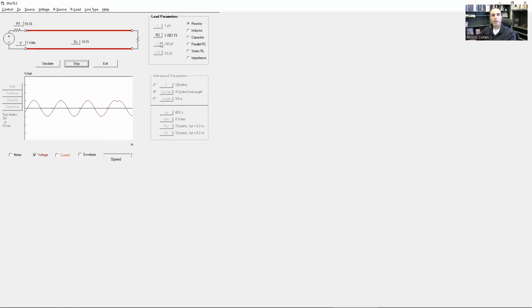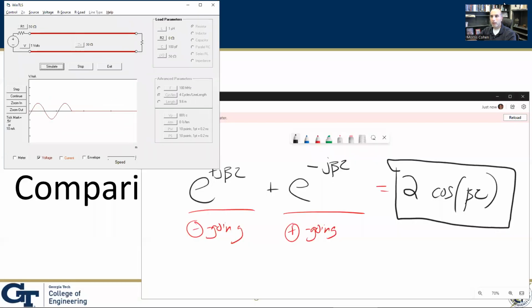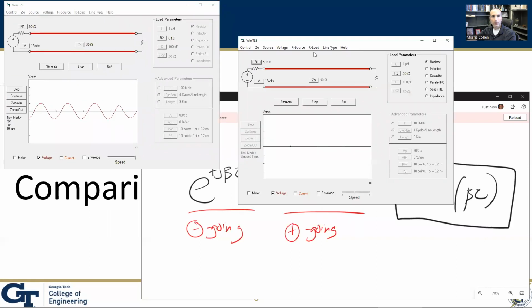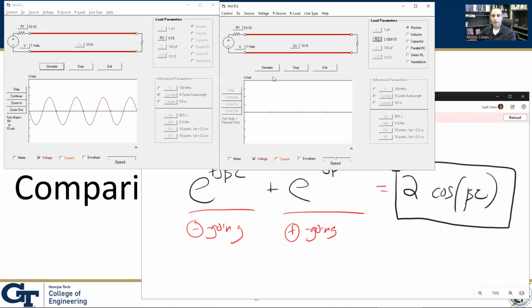Now, while we're here, let me set this to be a short circuit, and let's see what happens in this case. And I'm actually going to open a second copy of WinTLS so you can compare. Make this a sinusoid. We'll have this one have a very large open circuited load. And let's run that.